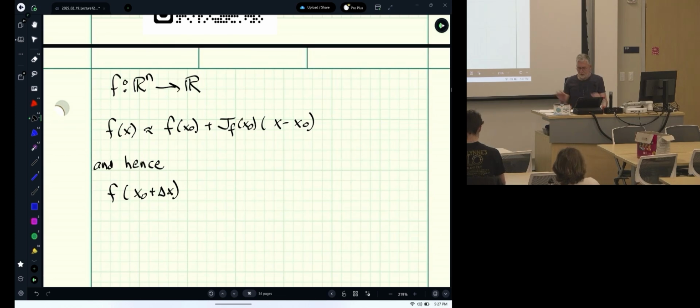If we have a value and we move a little bit away from it, how does the function change? It looks like this. And if I plug in x0 plus delta x here and subtract off x0, all I have left is delta x.